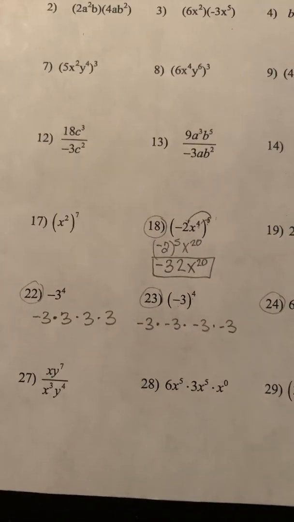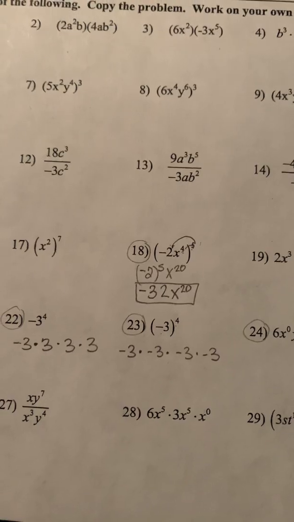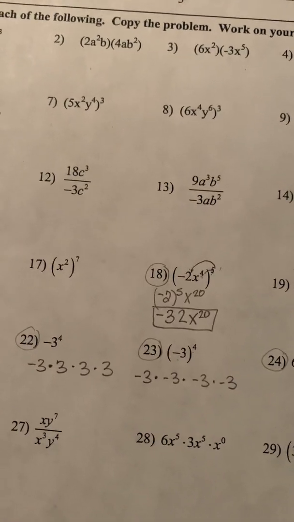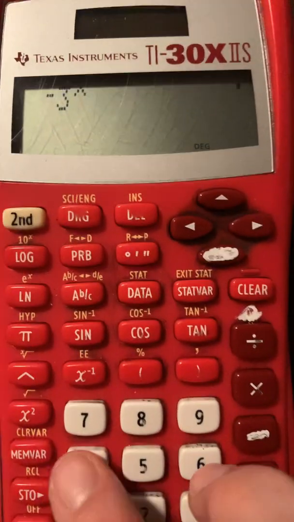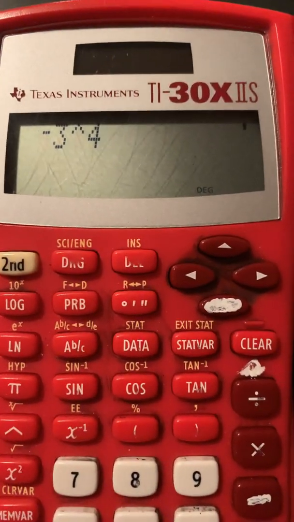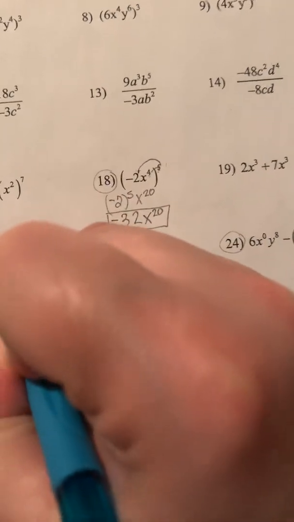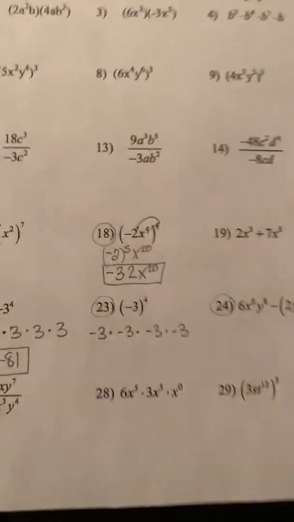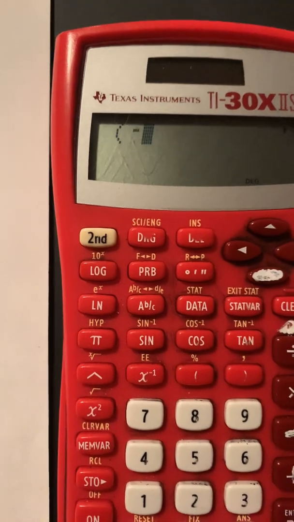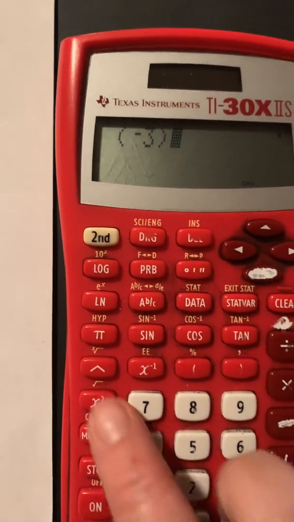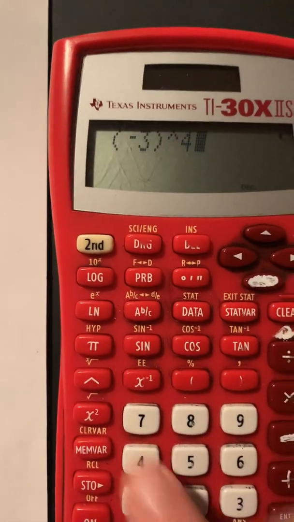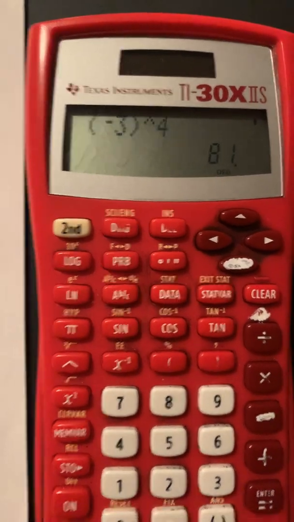So they mean two totally different answers. Just negative 3 raised to the 4th power gives us negative 81. And in parentheses, negative 3 raised to the 4th power gives us a positive 81.